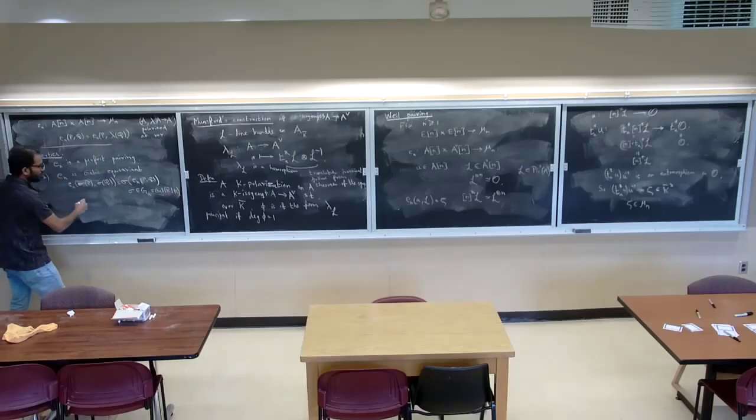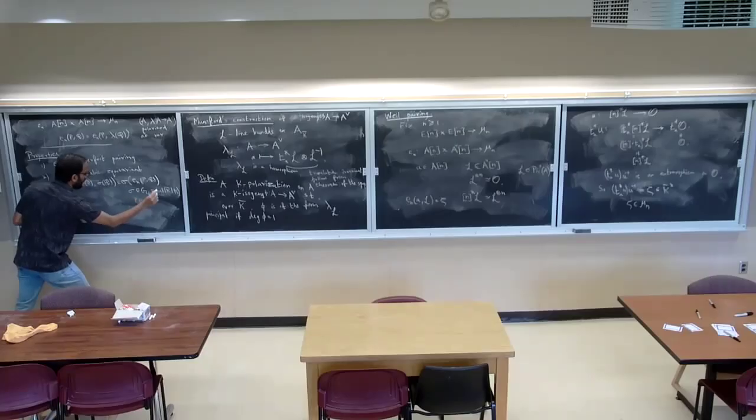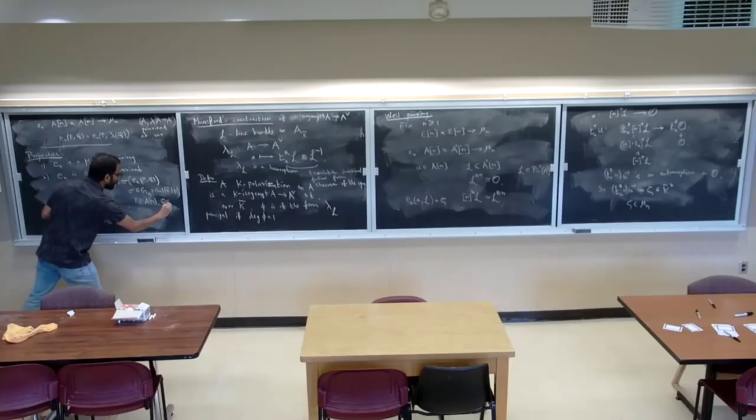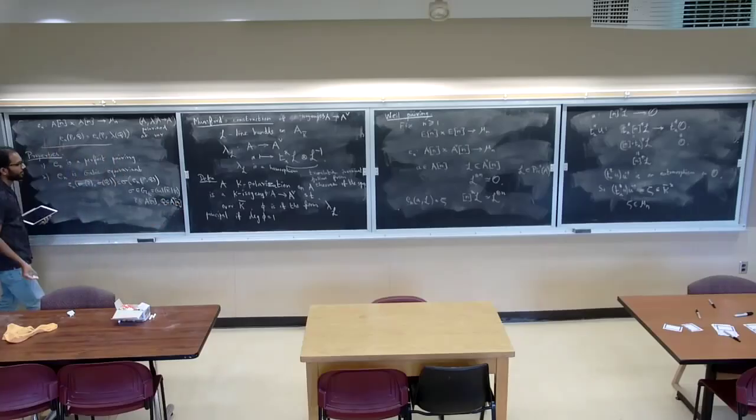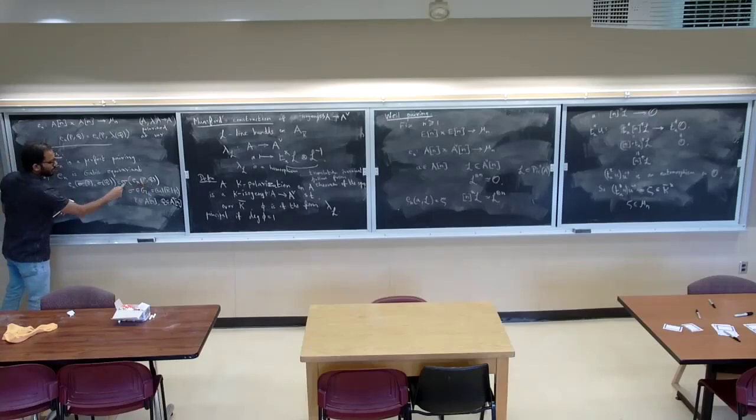Actually, I'm listing all of these properties only for the original pairing. P is an n-torsion point and Q is an n-torsion point. So this is an nth root of unity, and so here you have sigma acting on some nth root of unity.